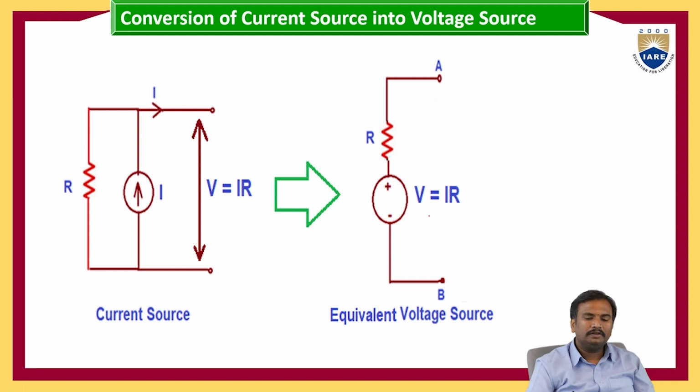So the current source can be converted into a voltage source by multiplying the current value with the resistance which is connected in parallel to it.